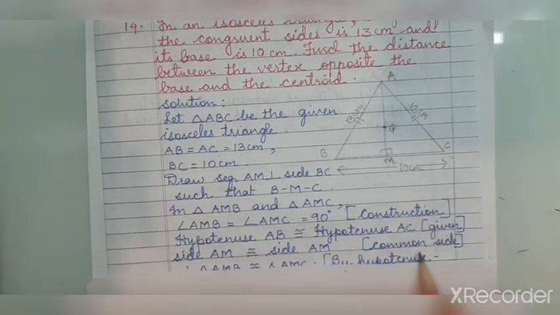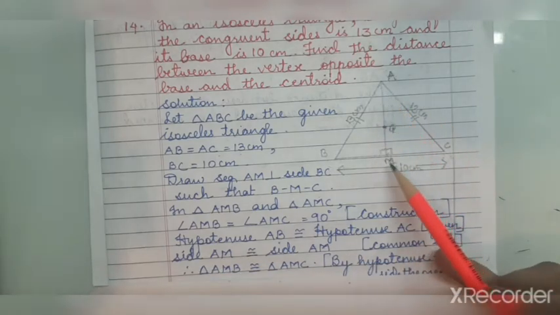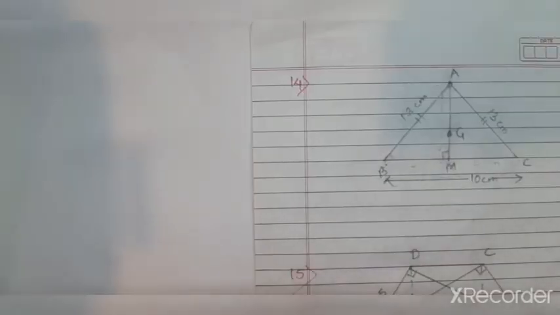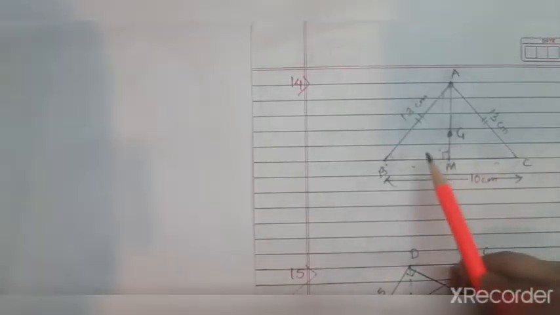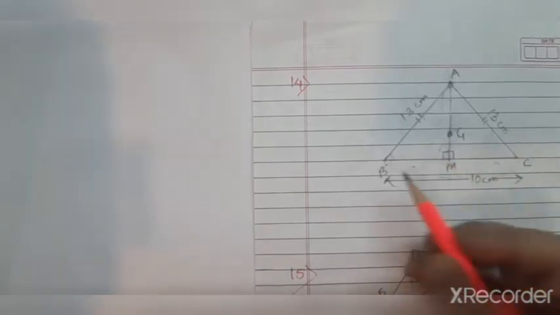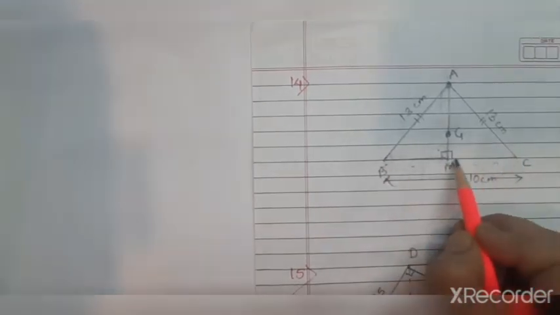Please also write the reason: common side, given. And therefore these two triangles, AMB is congruent to AMC by the hypotenuse side theorem. After we prove that the two triangles are congruent by the hypotenuse side theorem, we can write BM is congruent to CM.